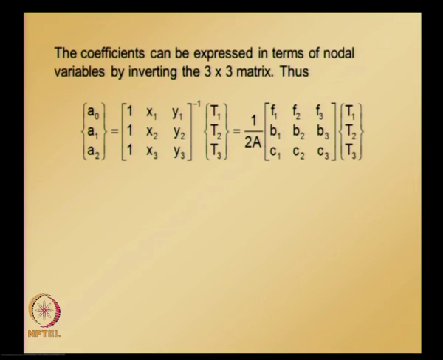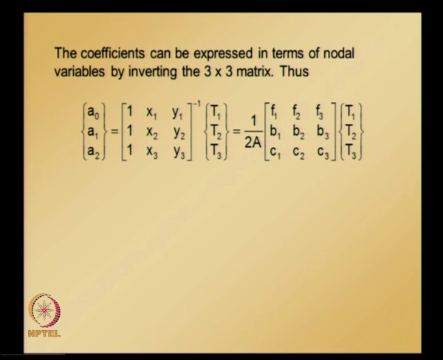So, that is one of the requirements: a triangular element in which all the 3 nodes are almost collinear is a very badly shaped element, because in such a case inversion of this matrix is not possible or is difficult. So, that is on the side note.